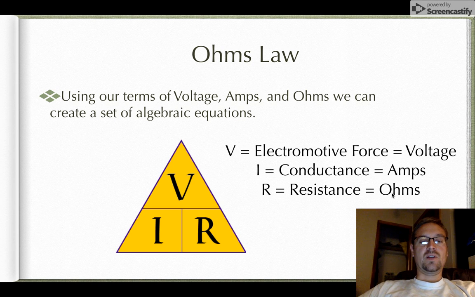Sometimes in the Ohm's law chart, we'll have an E instead of a V. We have I, which is relating to conductance, the ability to carry current, which is amperage. And we also have R for resistance and ohms.